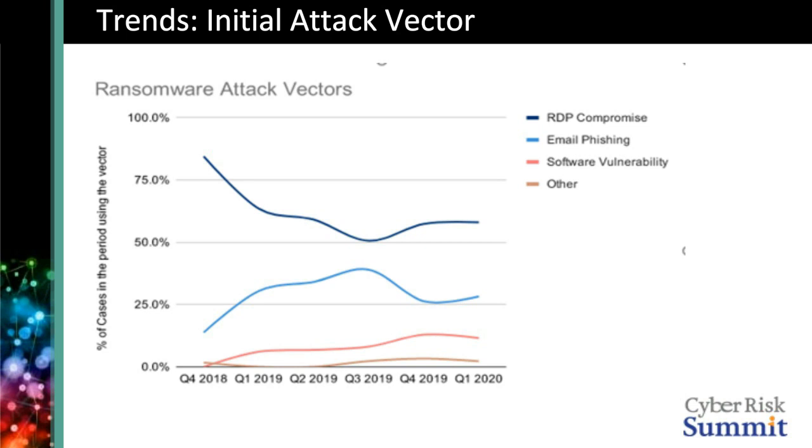We saw a lot of people when they were moving to more of a remote posture open up RDP. So from what we were seeing, we saw a bit of a spike just from opening remote access in an inappropriate way. And some of the software vulnerabilities continue to exist in a way that allows them to enter the environment. But by and large, those two are the leading attack vectors.